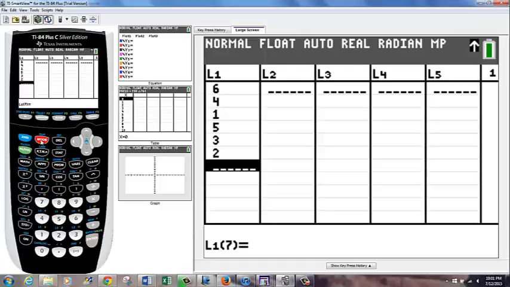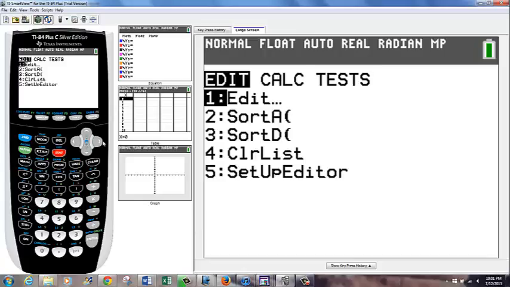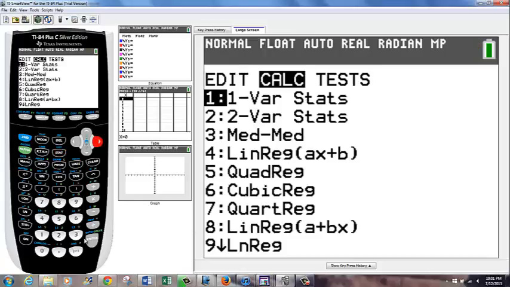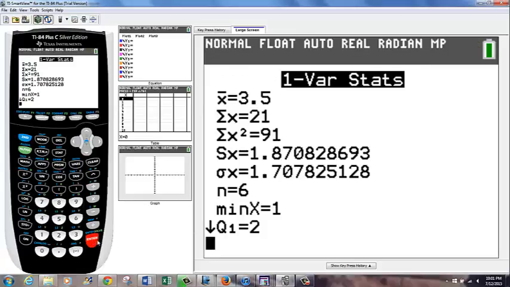So you go second, quit, then you go to Stat, Calc, 1-Var Stats. Yours will show 1-Var Stats, and if it shows it blinking, just hit enter. I don't think I have to hit anything here, as long as my data is in L1 every time, you're okay.